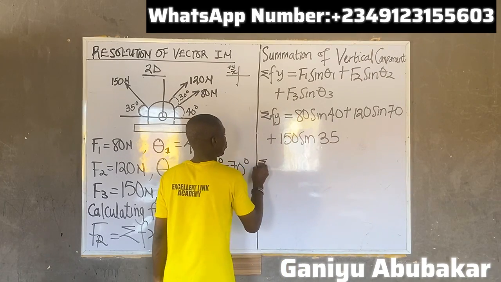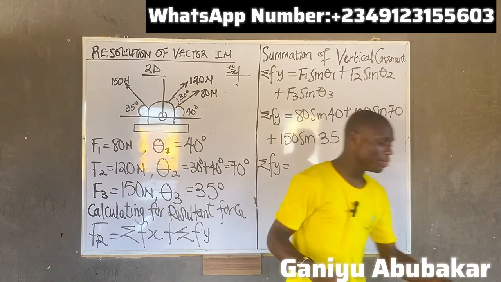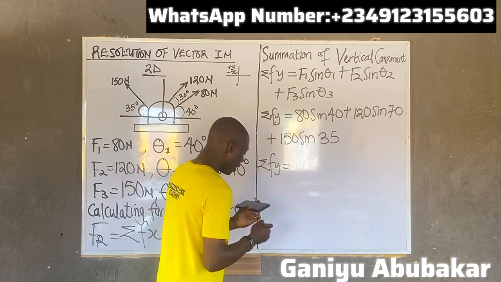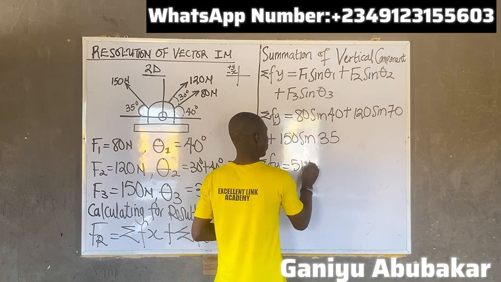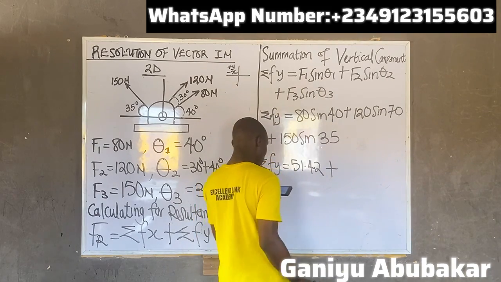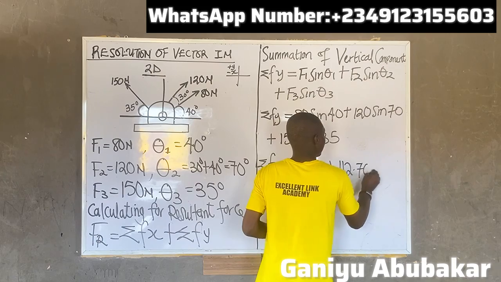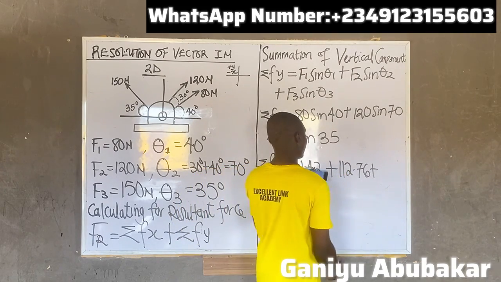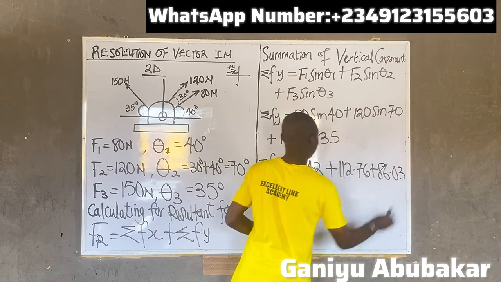Let's get summation F_y. 80 sine 40 gives about 51.42, plus 120 sine 70 gives about 112.76, plus 150 sine 35 gives 86.03.